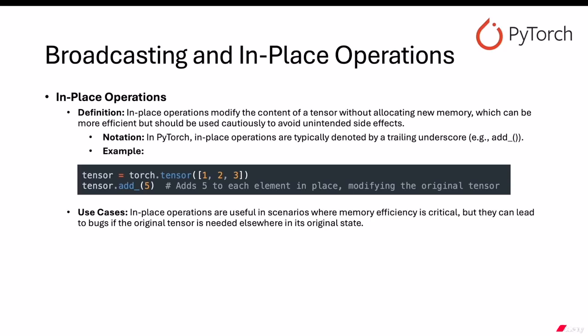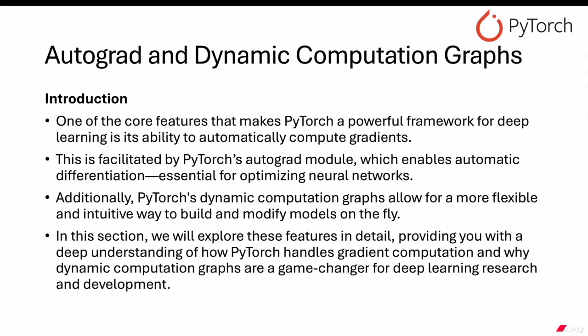Here is an example: tensor = torch.tensor([1, 2, 3]); tensor.add_(5). It adds 5 to each element in place, modifying the original tensor. Use cases. In-place operations are useful in scenarios where memory efficiency is crucial, but they can lead to bugs if the original tensor is needed elsewhere in its original state.